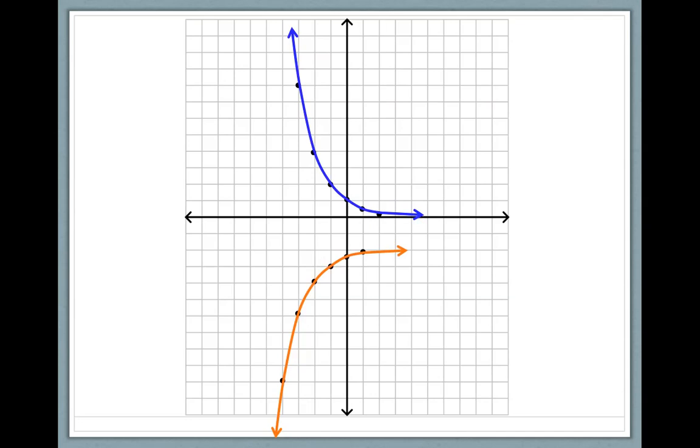Okay. What's the domain going to be for this? Again, it's still all real numbers. What about the range? What is the range for this new graph going to be? Well, because we had a k value of -2, that means we now have a new asymptote here at -2.